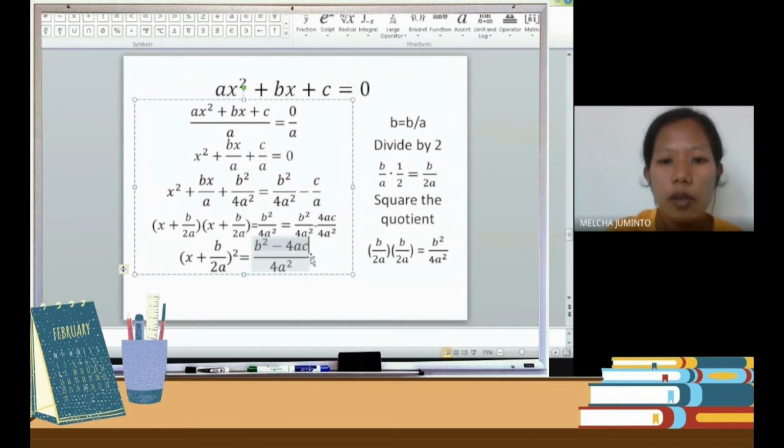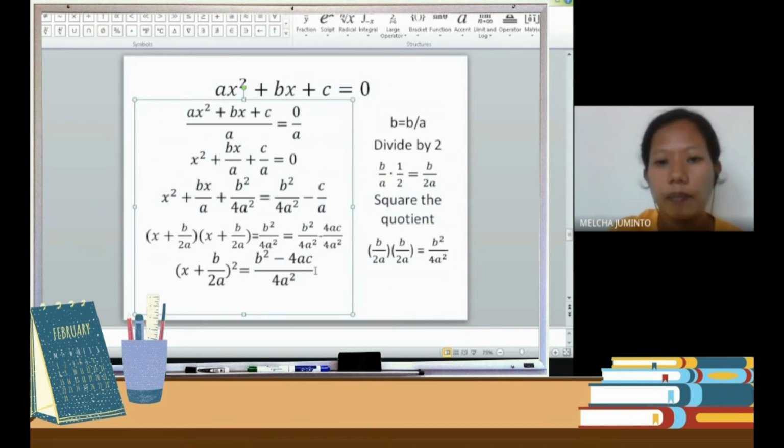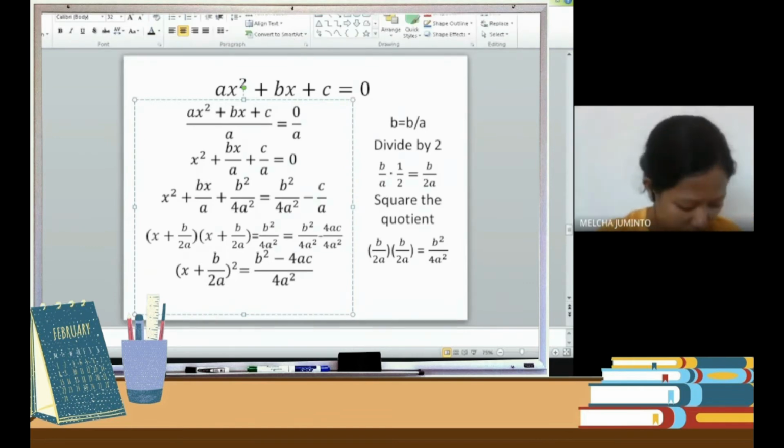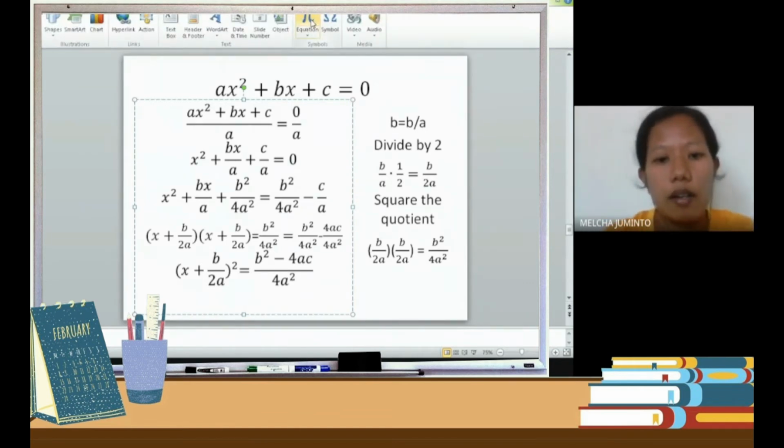Okay, next step is to express the right side as square root. So we will now write equals. The squared will be removed in the left side.